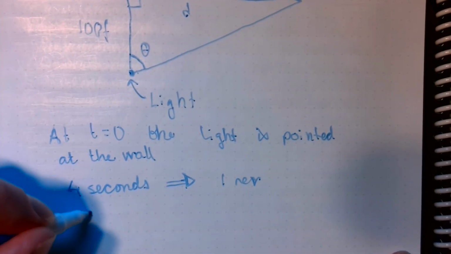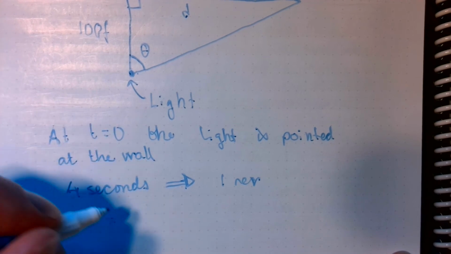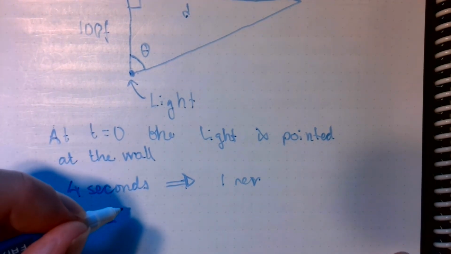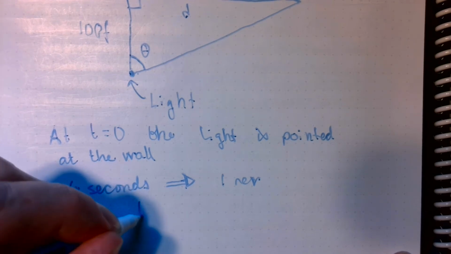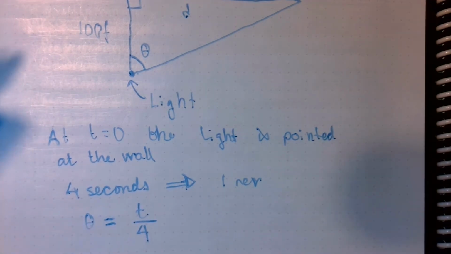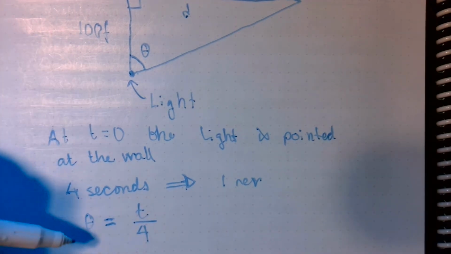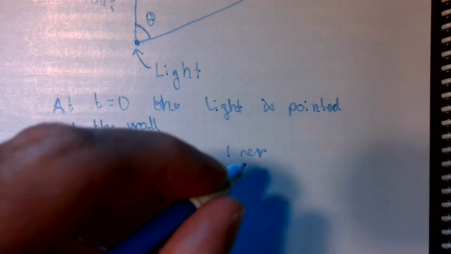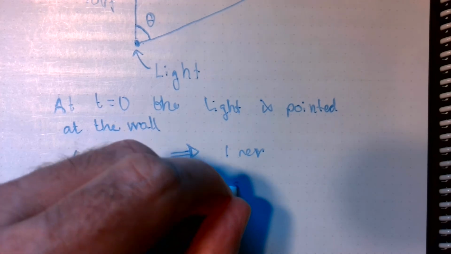So I'm thinking that we need this here. Theta equals t over 4. Okay, and let me just walk you through my thought process for doing this here, where t is in seconds.